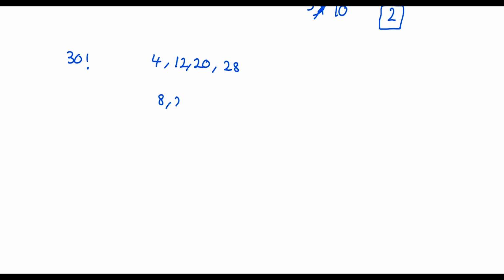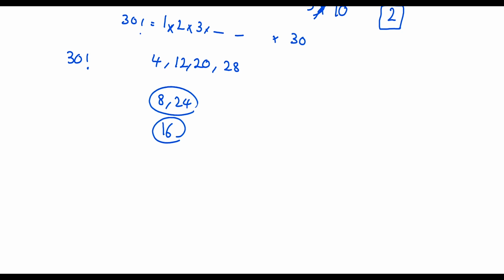And 8 and 24 contribute 3 factors of 2. And 16 contributes 4 factors of 2. So we should consider all these numbers, and maybe this method is misleading or not good enough for calculation.